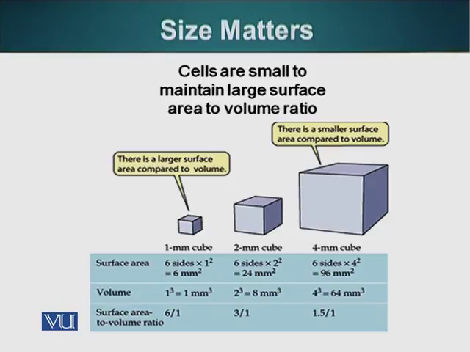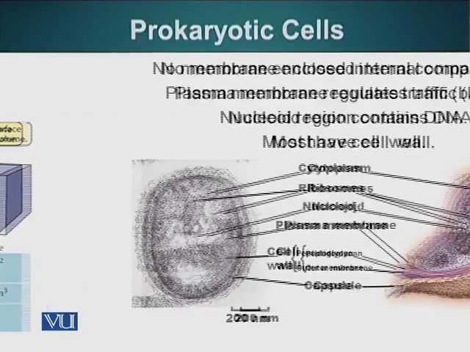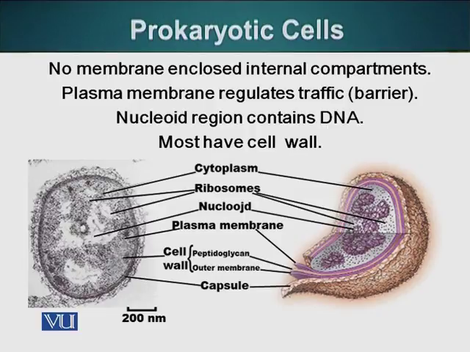Now let's move on. Let's look at the smallest cell, the prokaryotic cell. The important feature of prokaryotic cells is that they do not have membrane-enclosed organelles. We'll contrast it with the eukaryotic cell, where we have seen some of them in the animation.